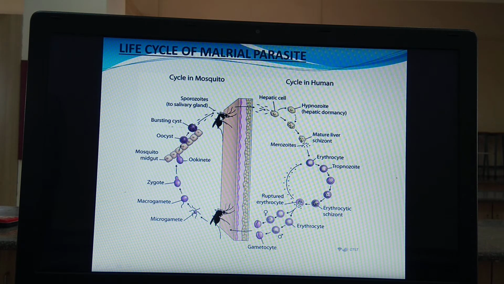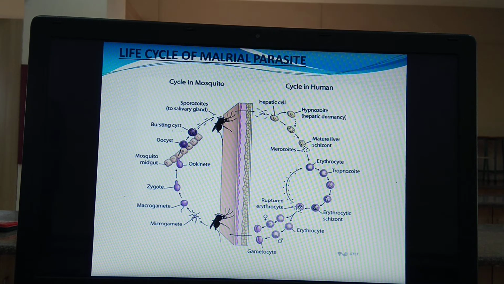When this infected mosquito bites a healthy person, the sporozoite enters into the liver cells, which are called hepatic cells. In hepatic cells, they get converted into schizonts and then merozoites. Once they get converted into merozoites, the liver cell bursts open. So this stage is called the pre-erythrocytic stage, before infection of erythrocytes. So these merozoites now infect the erythrocytes, which is called the erythrocytic stage.